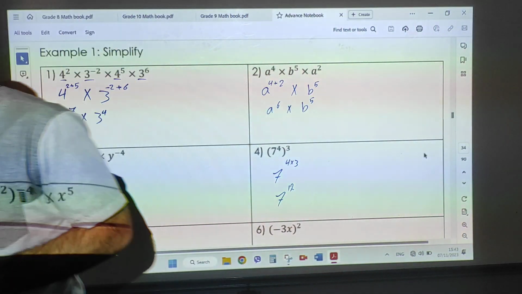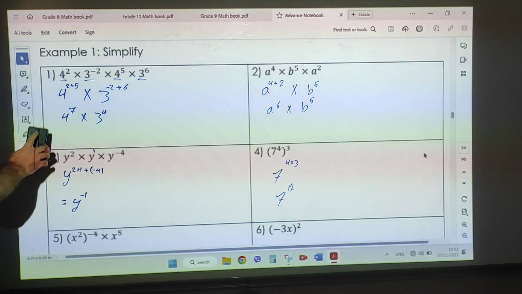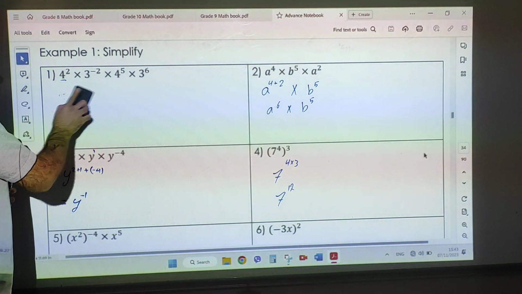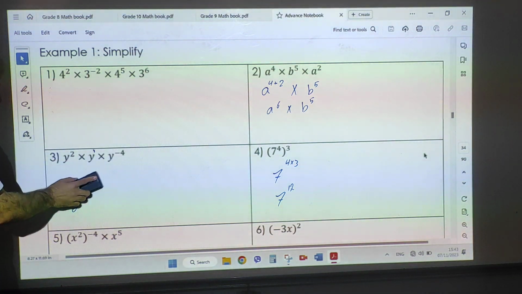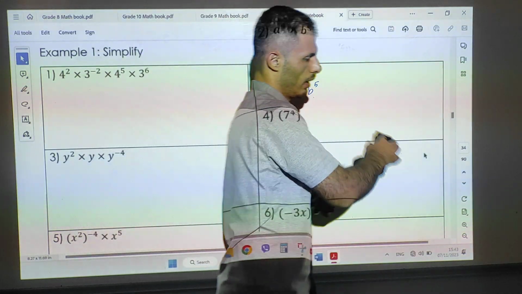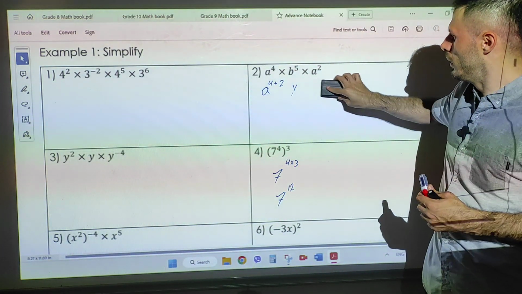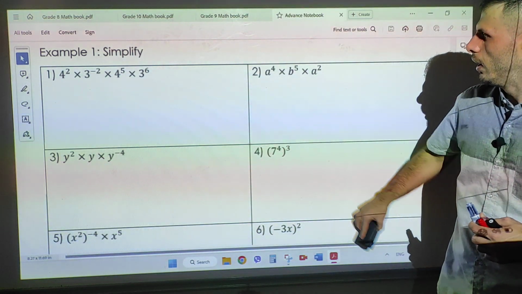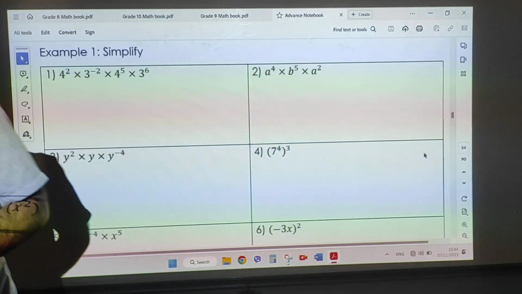For the next questions that we have about simplifying the powers, let's see how we do. Question 5, 6, 7, 8.